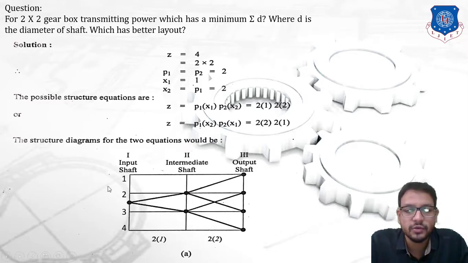You can clearly see 1, 2, 3 and 4 lines have been drawn, each line representing a speed. Now how many shafts do we need to plot? The number of shafts will be equal to n plus 1, where n is equal to 2, so the vertical lines will be 3. The first line is the input, the second intermediate, and the third is the output shaft.